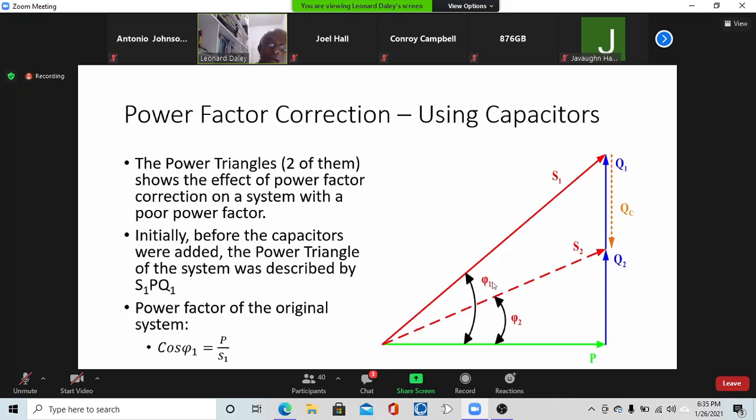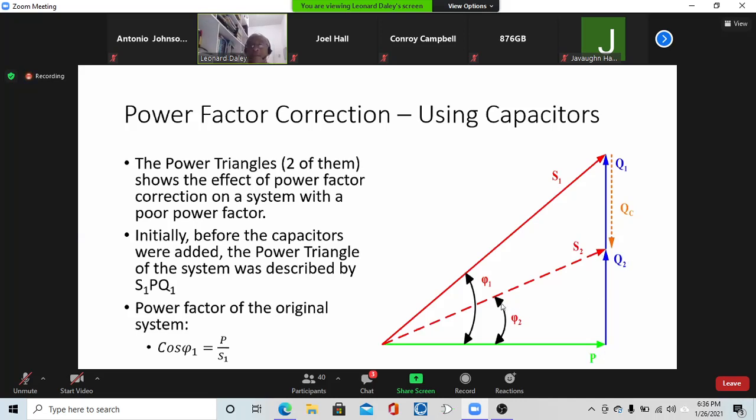So the power factor angle was phi 1 for that original system. Now after you do your power factor correction by adding some capacitors or reactive power, capacitive reactance, you end up with this smaller triangle described by S2, P, Q2.